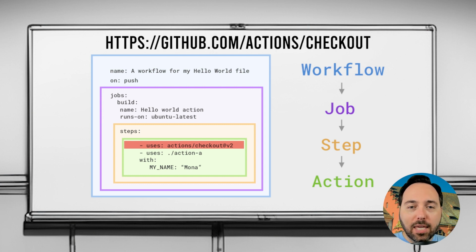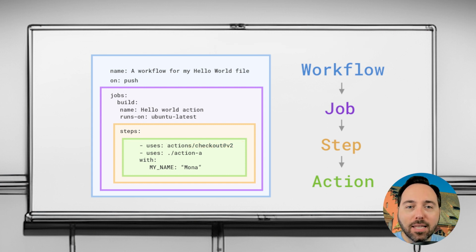This points to a GitHub repository in the Actions organization called Checkout, and we are specifying version 2 of the action in this image. By linking these steps together, we achieve some sort of desired outcome. Hopefully. Maybe. Possibly.